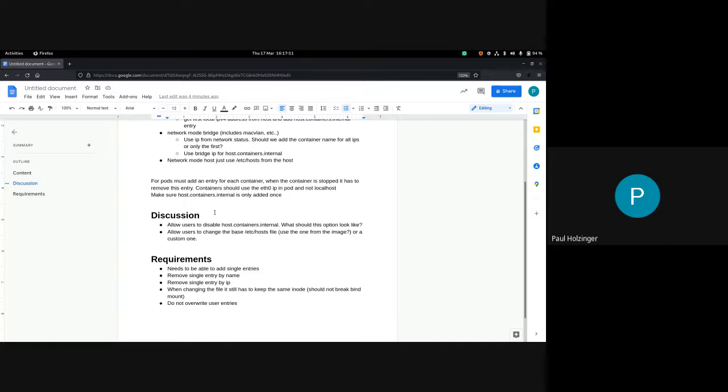I think the base /etc/hosts file, we could make it a path. You could give it a path maybe, and then the default is the /etc/hosts from the host, obviously, and you could maybe have a special value which would pick the image's one, which would just be "image" or something.